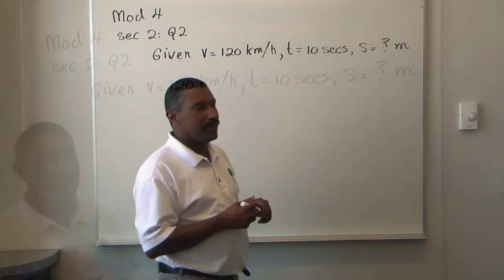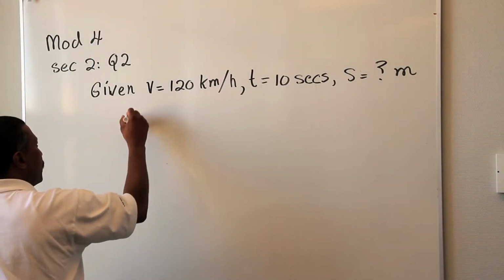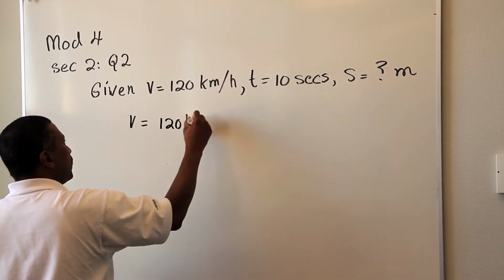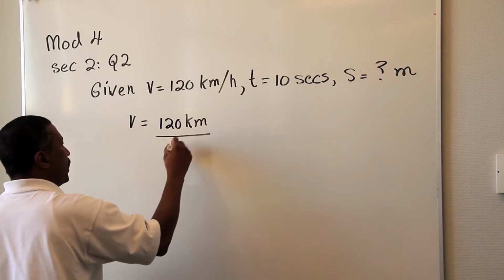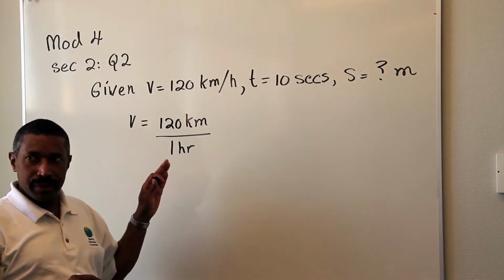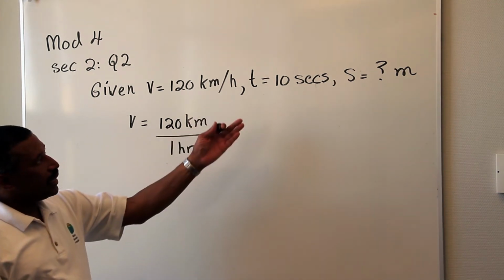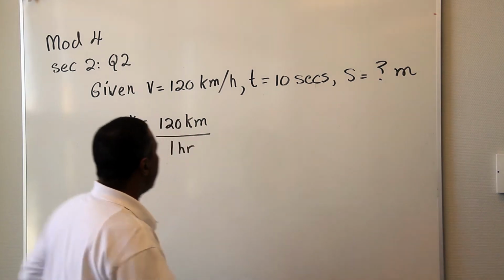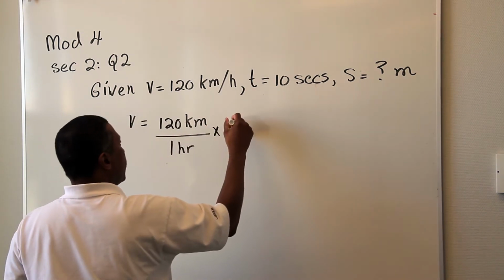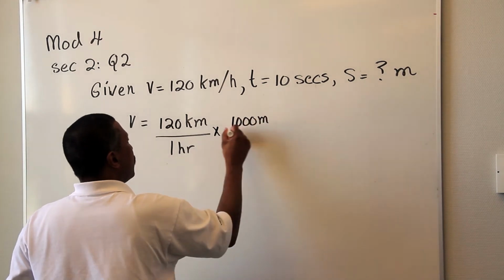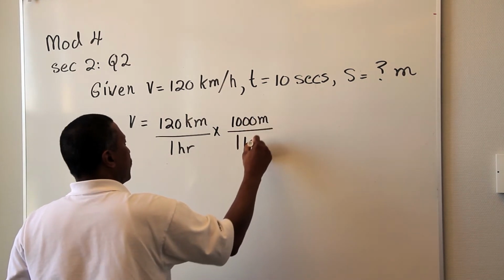Now let's do a little bit of mathematics here. So the first thing we're going to do is convert the velocity, which is 120 kilometers per 1 hour. We convert kilometers and hours so that it makes sense mathematically to the question, because you want the distance in meters. So we will convert, and that will be that there is 1,000 meters per every kilometer.